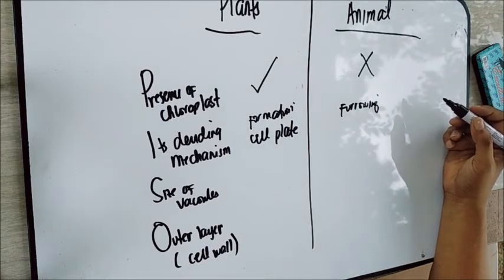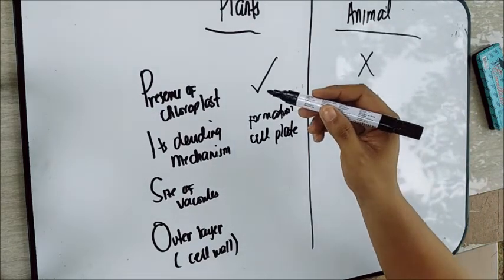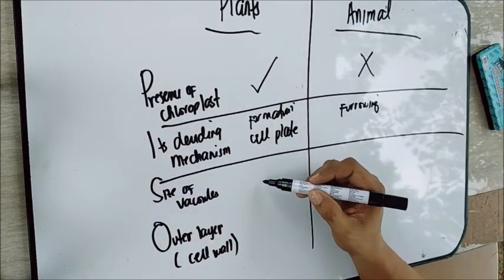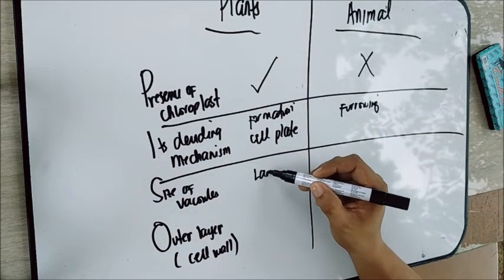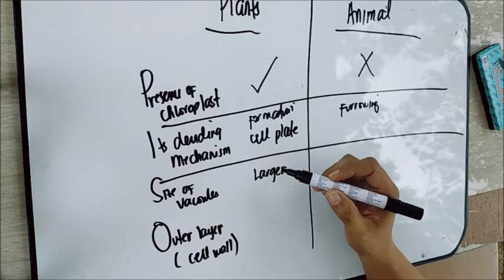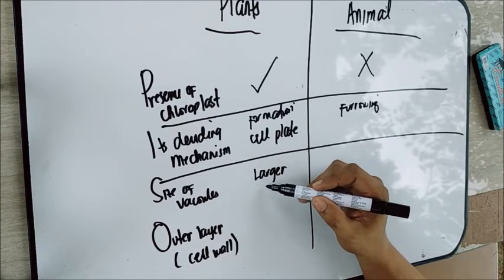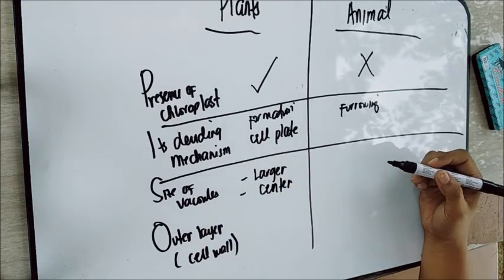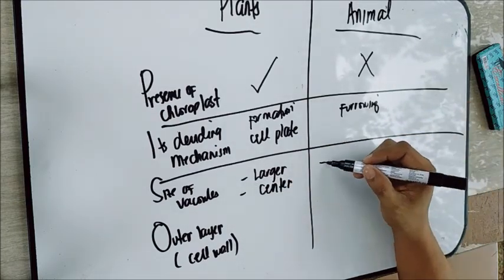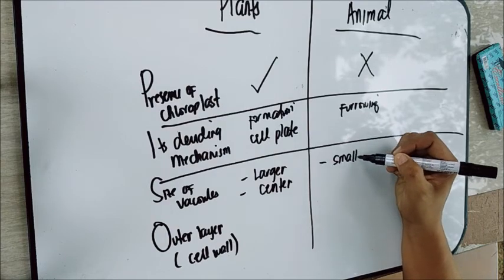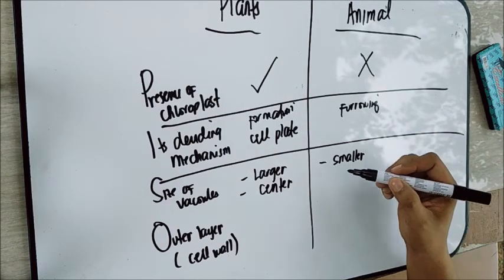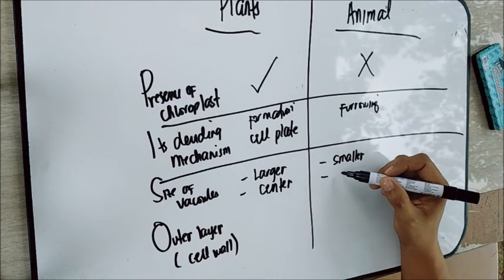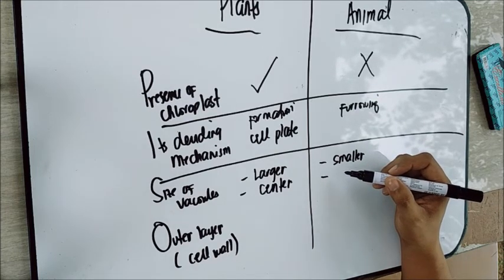Now, for the size of vacuoles, for plants, it is larger. And usually, the location is at the center. On the other hand, for animal cell, the size of the vacuole is smaller, and usually the location is indefinite.